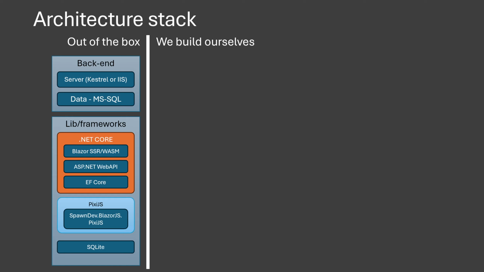For the front end side, the main library is, as mentioned, Pixi.js for graphics rendering. That's the most specialized library, I would say, specifically for 2D graphics that we'll be using, wrapped by the beautiful Pixi.js Blazor wrapper by SpawnDev. One thing I forgot to mention here is that for Bootstrap, we will also be using the Blazor Bootstrap wrapper.